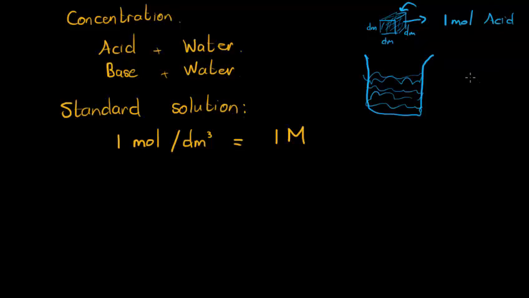Make sense? If I have anything less than that, it is called a dilute solution. It is not the standard solution, it is a little bit diluted. Anything more than that is called a concentrated solution.